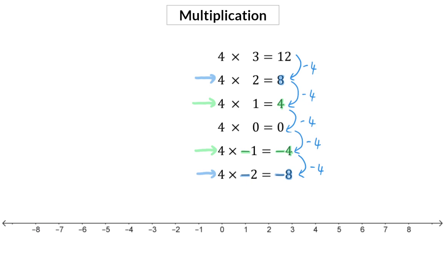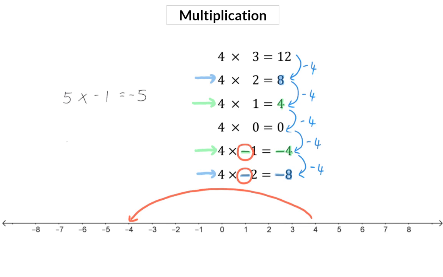So when you multiply by a negative number, it simply switches your positive answer to a negative answer. So when I ask you to multiply 5 by minus 1, you already know that 5 times 1 is 5, and the minus simply switches it around to negative 5.